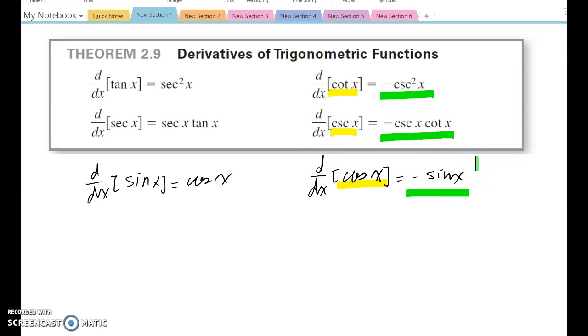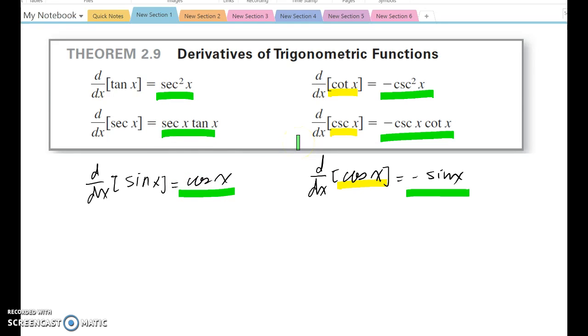So cotangent becomes negative cosecant square x, cosecant becomes negative cosecant x cotangent x, cosine becomes negative sine x. But the other families, like tangent, secant, sine, their answers are all positive as you see here.